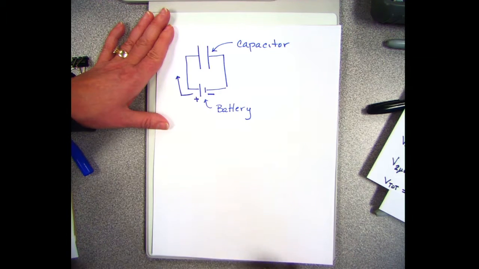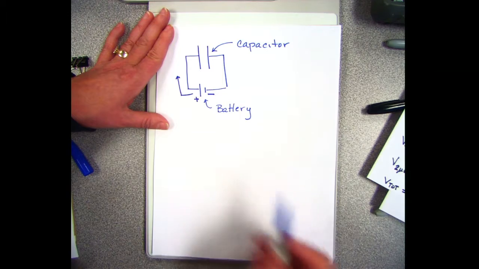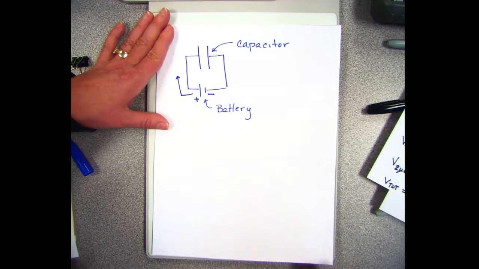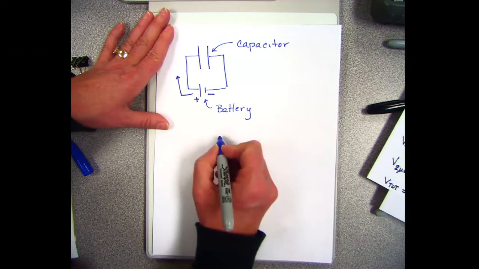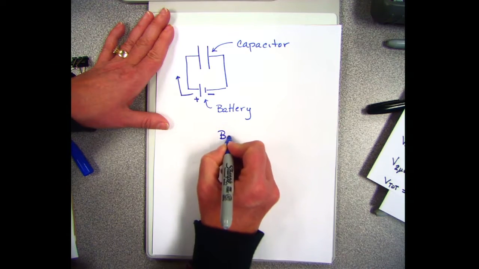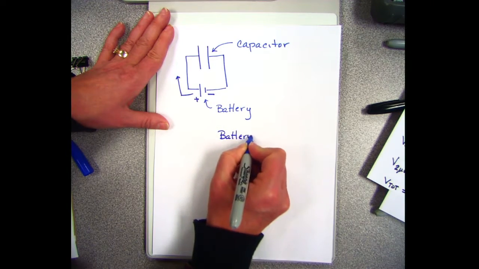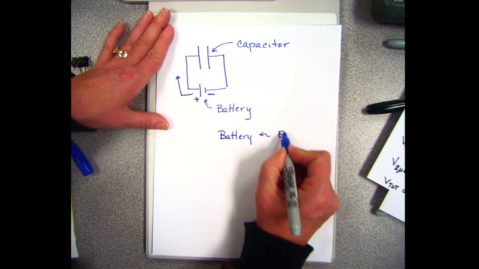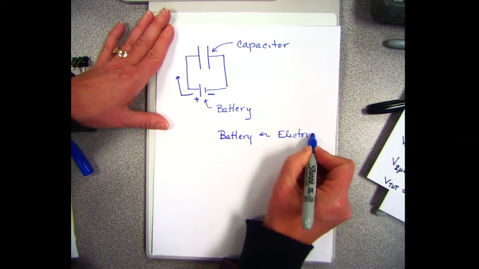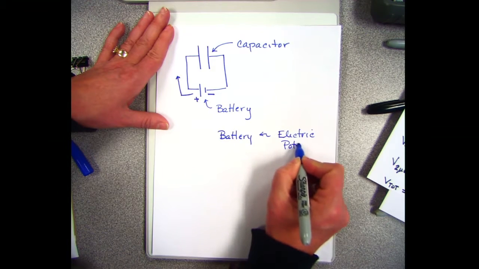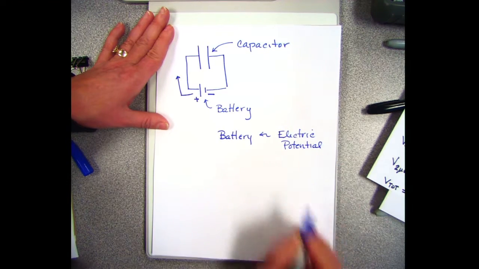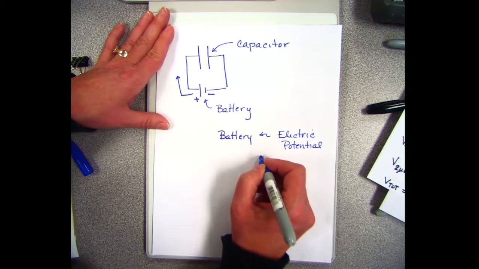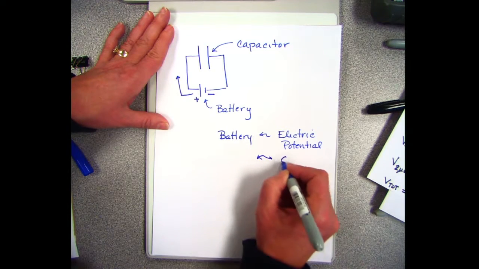So I can think of a battery, and we've already talked about that my battery is filled with electric potential. My battery is also filled with charge. So my battery has charge in it, and it's also got electric potential associated with it.